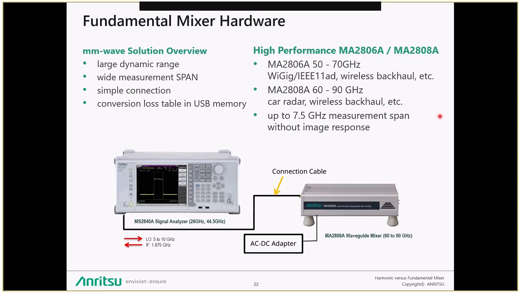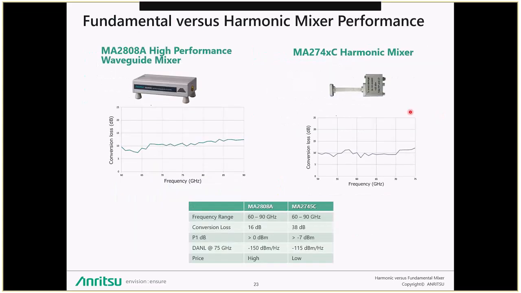and also wireless backhaul. If we take a look at a small comparison between the behavior of the high performance fundamental mixer against the harmonic mixer, we can see that both cover the E band, for example, in this case.